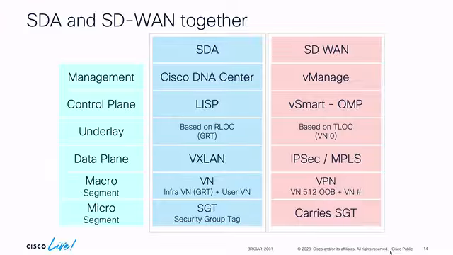So I built a table just for you to ensure, okay, where are the different functions in the architectures? We do have DNA Center and vManage as the user interface, as the management piece if you want. We do have a control plane on each. Of course, they have underlay control planes. In SD-Access, if you automate it, you're forced to IS-IS. If you do it yourself, you can run any routing protocol in the underlay.